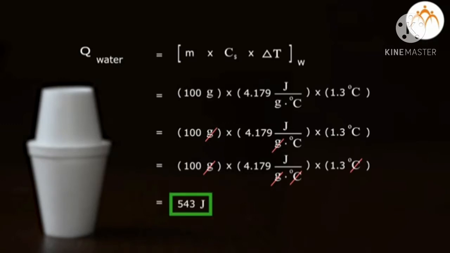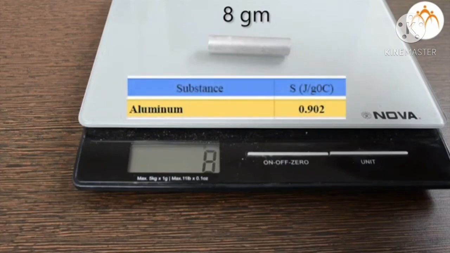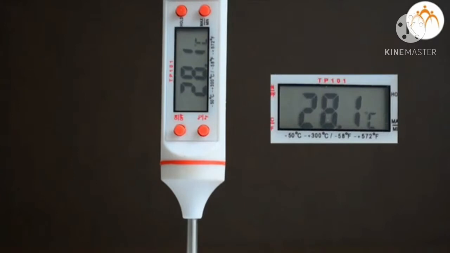Water received this energy from aluminum. The mass of aluminum is 8 grams. Its specific heat is 0.902 joules per gram degree Celsius. The final temperature of the aluminum rod is 28.1 degrees Celsius. From the equation, we can calculate its initial temperature.